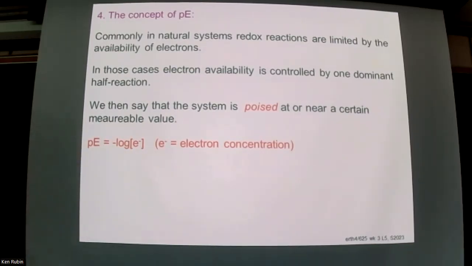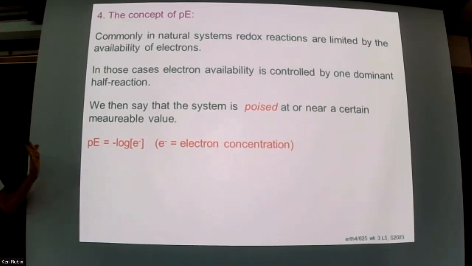Just like you write out an acid-base half reaction where you've got some acid reacting to make a proton and a conjugate base, we put the protons into that equation. They don't really exist as free protons in solution. And we can take the minus log of both sides and rearrange to get pH, which is the minus log of the hydrogen ion concentration.